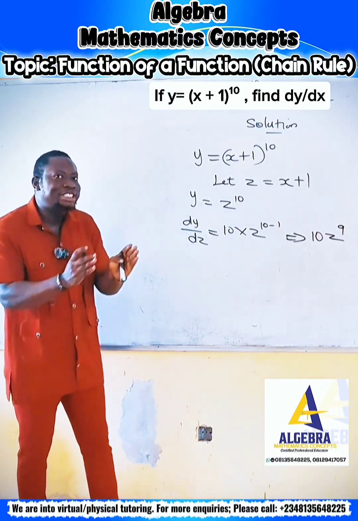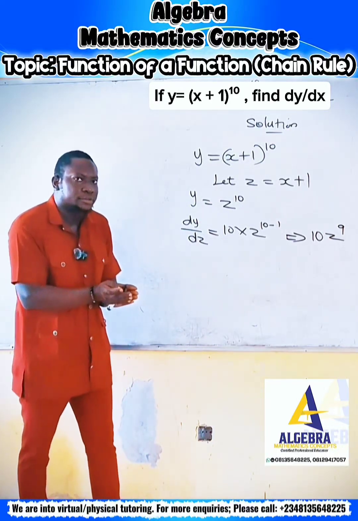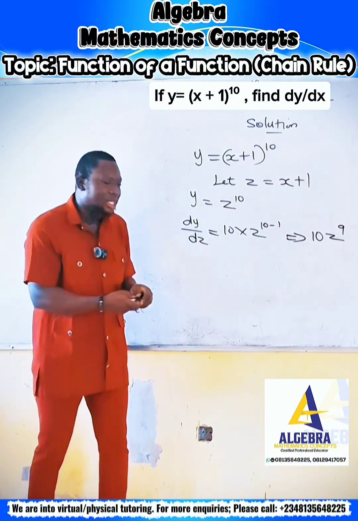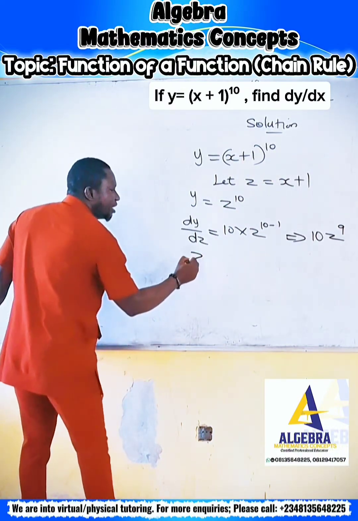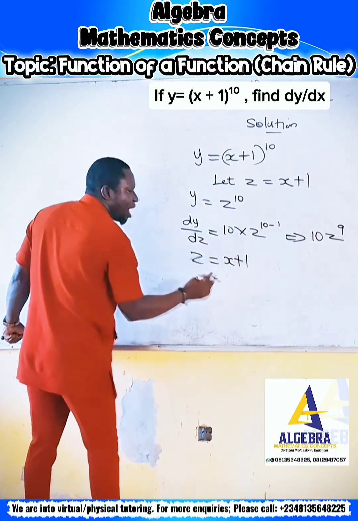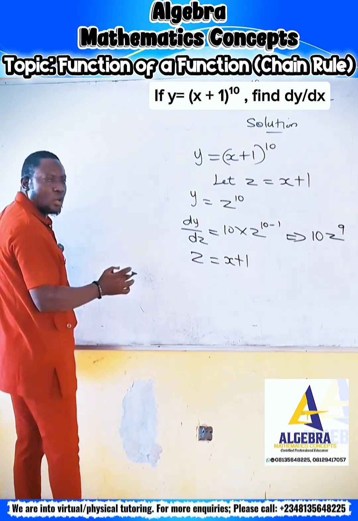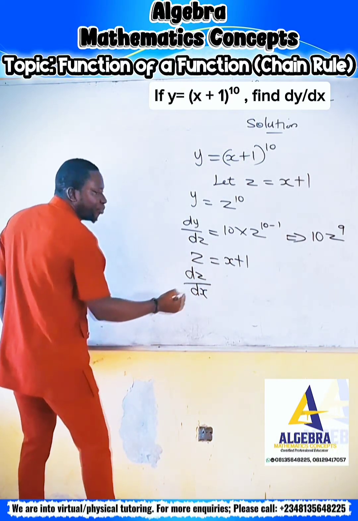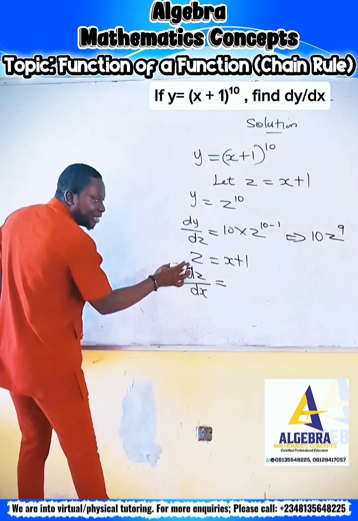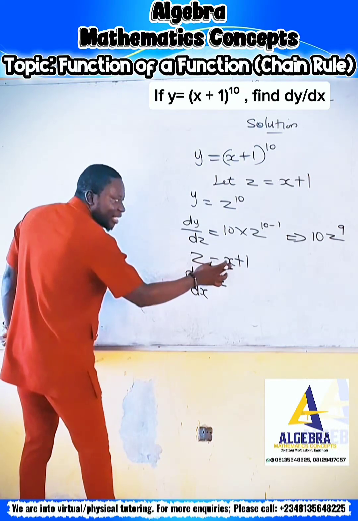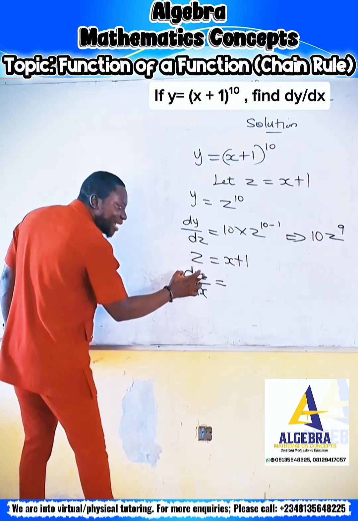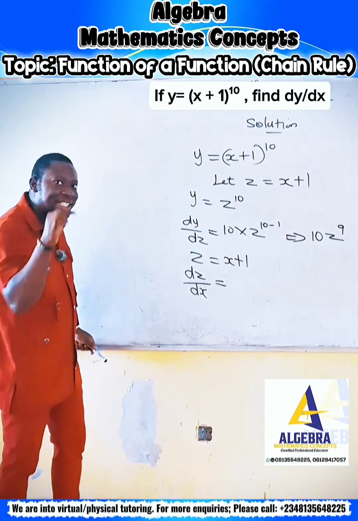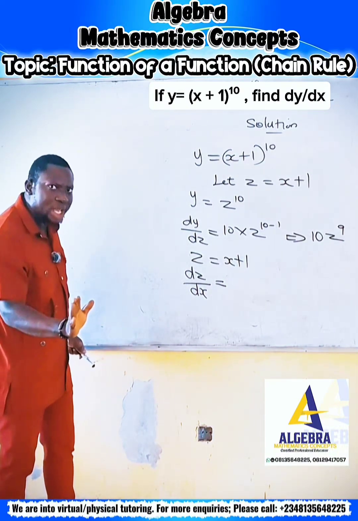Now, I will also differentiate my assumption. Remember, I assumed that z equals s plus 1. I will also differentiate this. I'm going to have dz over ds equals, look at it. The letter here is z, the letter here is s, so it's going to be dz with respect to ds. That is, I'm differentiating z with respect to s.